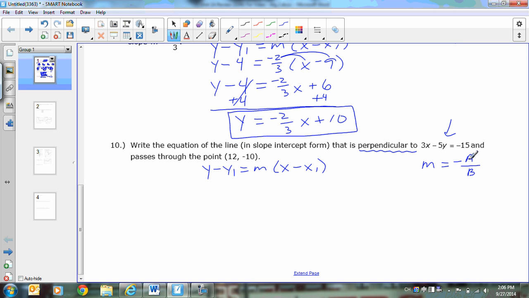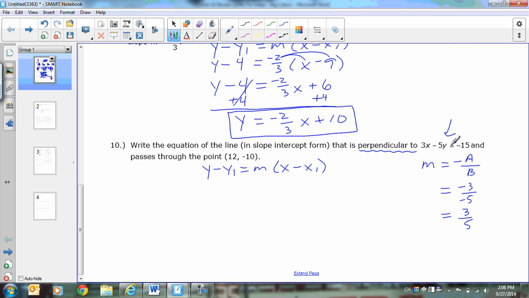All right, in this case, a is 3. Its opposite then would be -3. Okay, b, notice the sign in front of the term, b is -5. So our slope is -3 divided by -5. Remember, a negative divided by negative is a positive, so the slope of this line is 3/5.